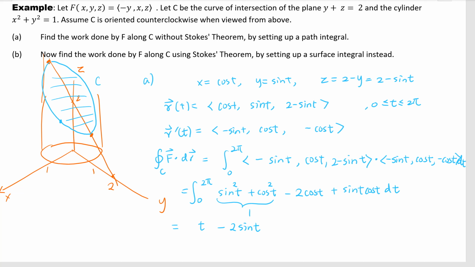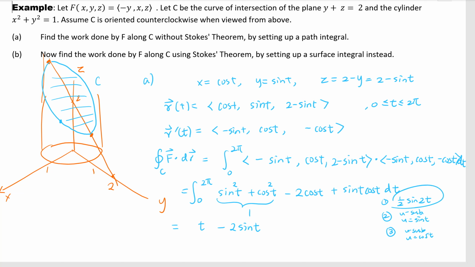We have 3 ways to do it. One way is because sine cosine is 1/2 of sine 2t, then we can integrate 1/2 of sine 2t. Second way, we can use u substitution, let u be sine t. Or you can use u substitution, but let u be cosine t. So there are 3 ways to solve this integral.